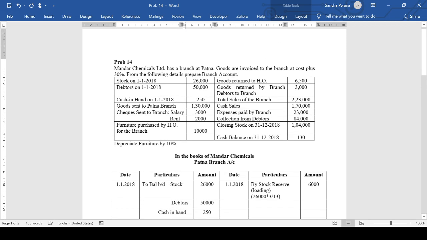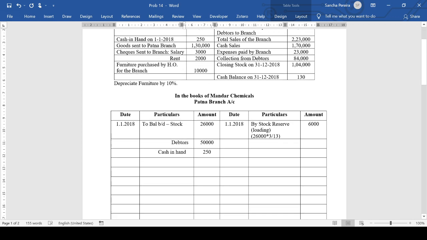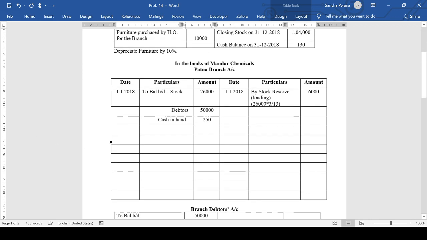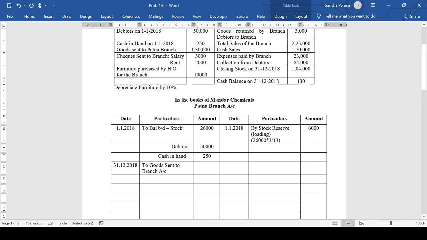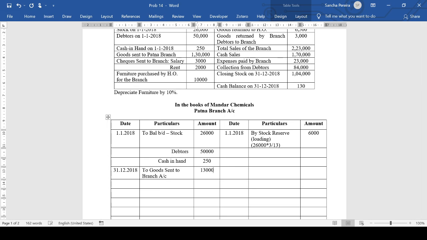Going on, goods sent to Patna branch 1,30,000. So we have to goods sent to branch account, 31st December 2018, to goods sent to branch account, it is 1,30,000.